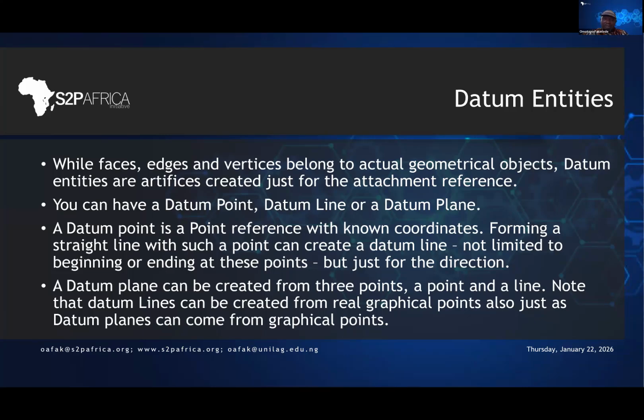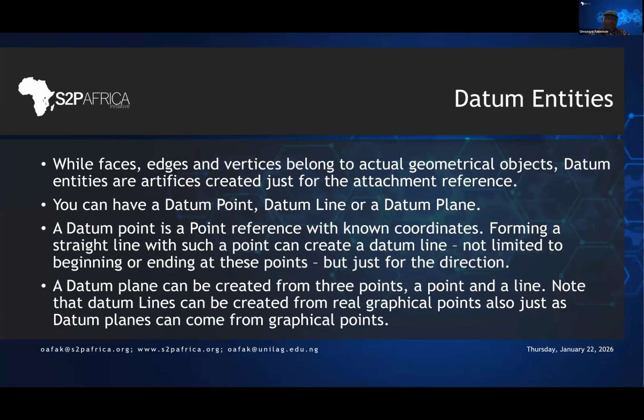You can see the datum references, even though they do not represent any physical object, but they are geometrical artifices. An artifice is something that is created artificially for a purpose. It is not a real thing, it's an artificial creation. So they are artifices created for the attachment reference.